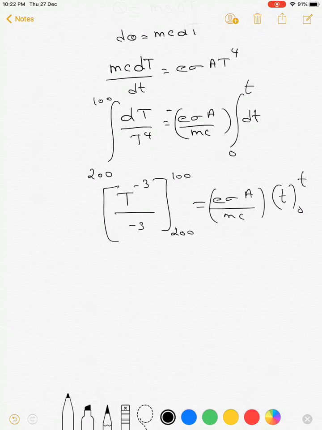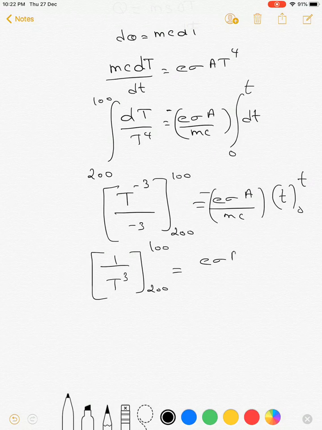We put in the limits and cancel the negative sign, so the equation becomes 1 divided by T cubed, with limits from 200 to 100, equal to E sigma A divided by m c into t.